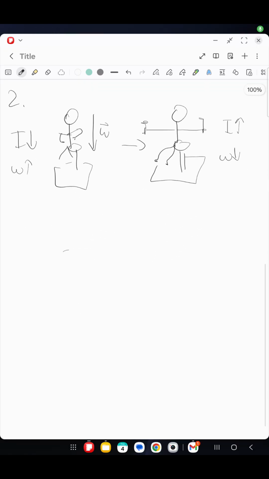And so because here we have a smaller moment of inertia, we can write the conservation of angular momentum using these two facts, right? And the way it equilibrates, because even though the moment of inertia got bigger, the angular velocity has gotten smaller.